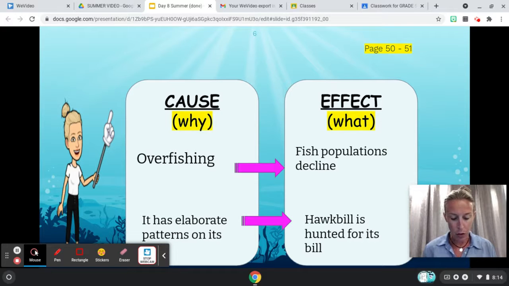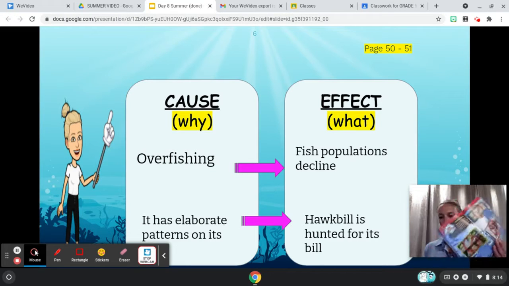The rest of the shark goes unused and is thrown back into the ocean to drown or bleed to death. The hawksbill turtle is hunted for its shell. The elaborate patterns on the shells are polished and used for decorations and jewelry.